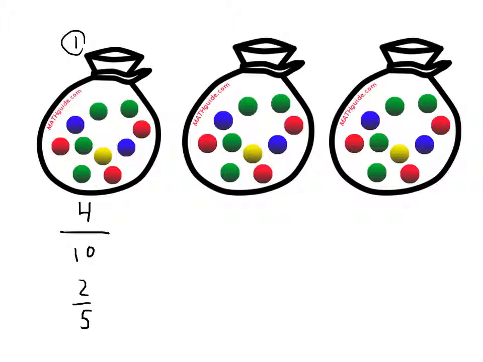Okay. Now, what if I wanted to put all the marbles back in and draw again, and again I want green? So we're still dealing with your 4 out of 10 chance. And I'm going to put that marble back in, and again, so there's still 10 marbles in my bag, and pulling green, it's 4 out of 10.